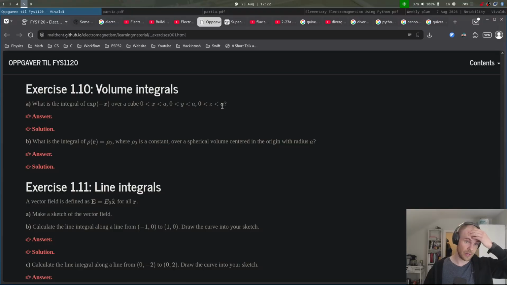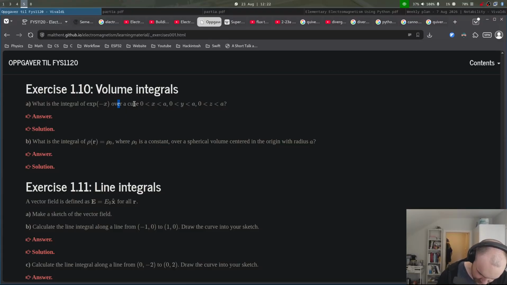What is the integral over a cube for x between 0 and a, with this exponential? You can just write it as a triple integral from 0 to a, from 0 to a, from 0 to a.